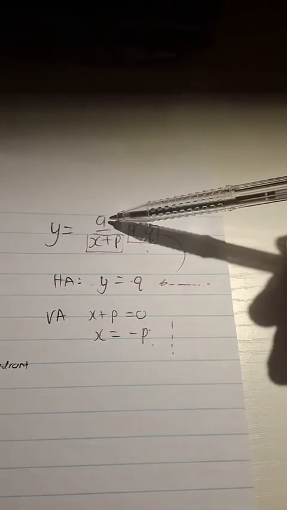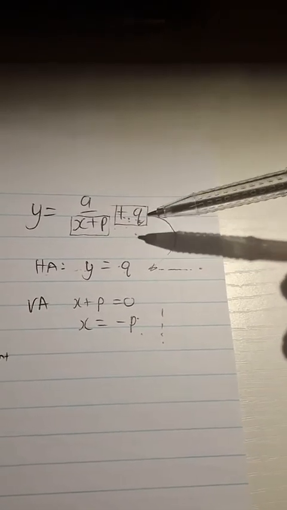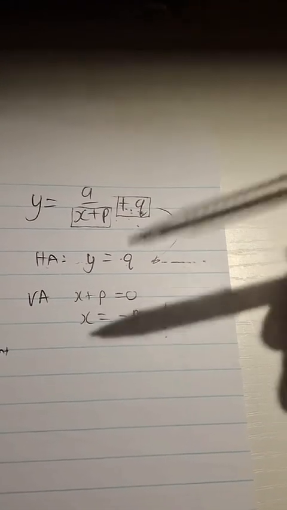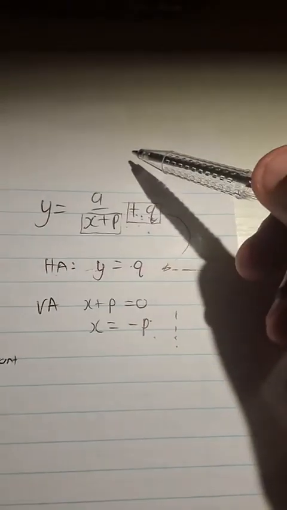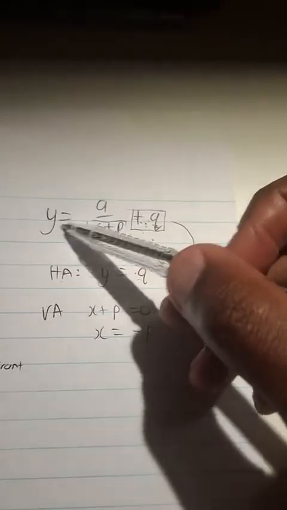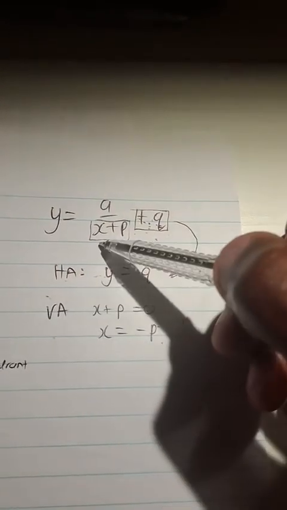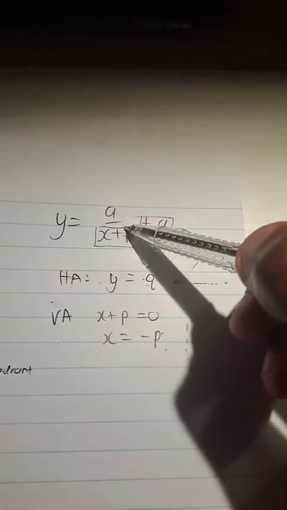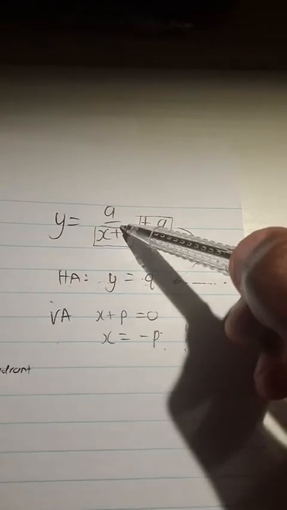This really shouldn't be a problem for us. We should all be able to know how to get the asymptotes. So if ever they're asking you in a question, what is the equation of the asymptote, and you are given the actual equation of the hyperbola, we should be able to say y is equal to q is the horizontal asymptote, or y is equal to whatever the q value is there, and then the vertical asymptote is always the inverse of the numerical term for your expression in the denominator.